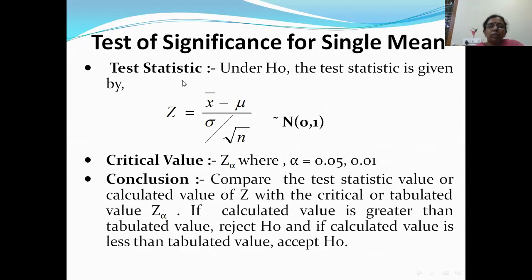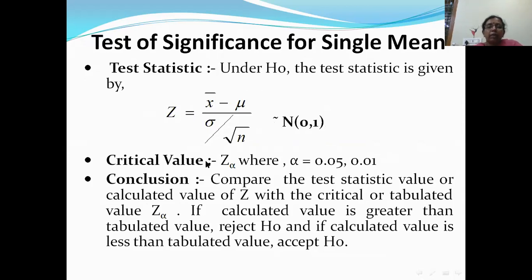Now, based on this given data, under H naught, the test statistic for single mean is given by Z equals x bar minus mu by sigma by root n. And this Z, we know, follows N(0,1), the standard normal distribution with mean 0 and variance 1. Every time you write a test statistic for any large sample test, you should mention this.